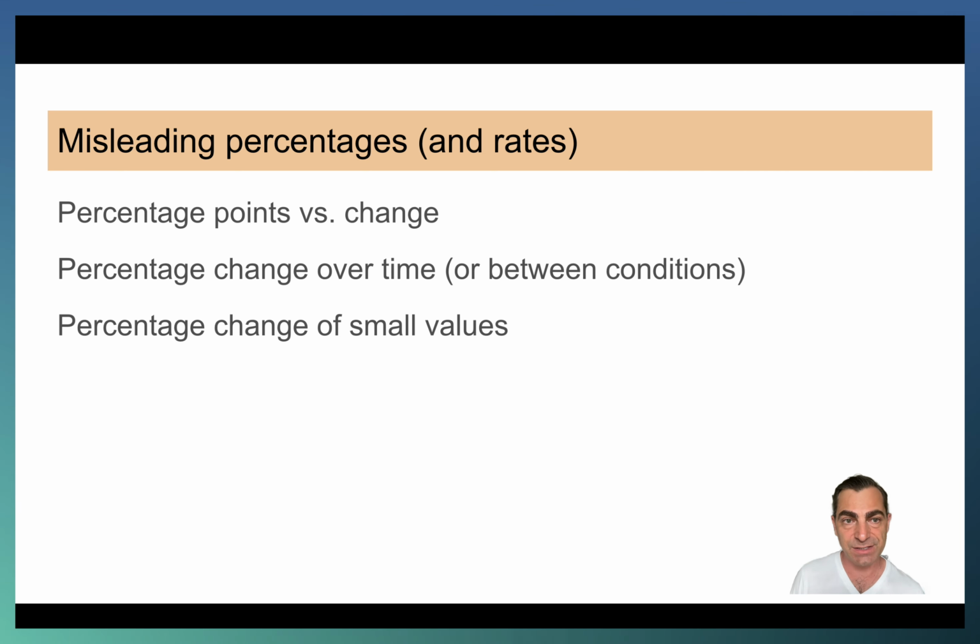We have the difference between percentage points versus percentage change, which I'm going to describe in a moment. Then we have percentage change over time or between conditions. And then we have percentage change of small values. So let me show you how these 3 types of percentages and comparisons can often mislead.